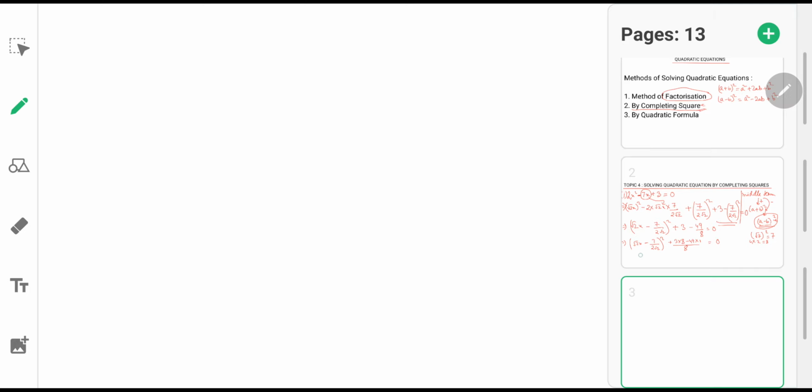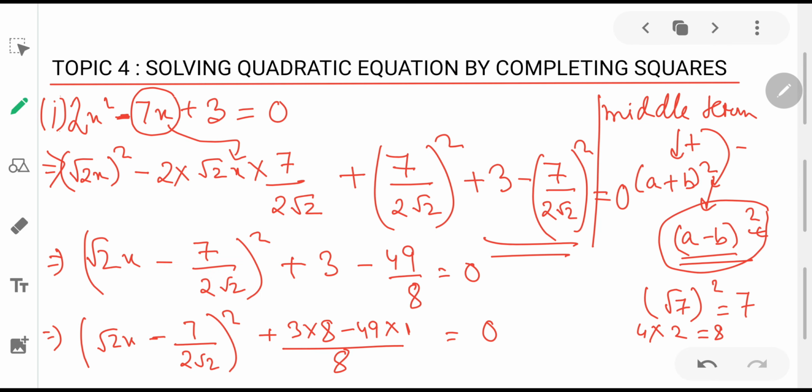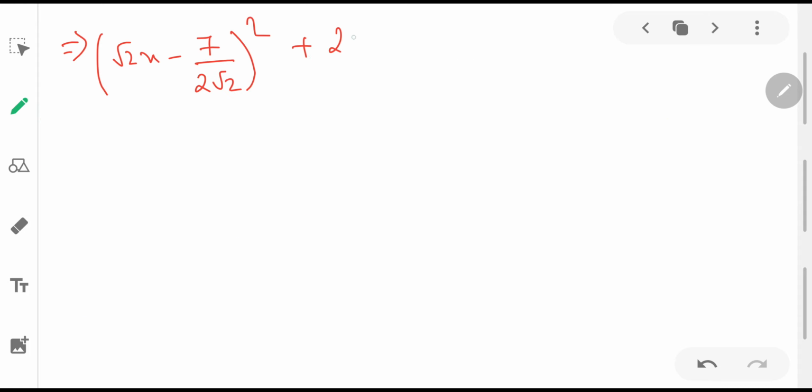So what we had in the previous line, root 2x minus 7 by 2 root 2 whole square, and here we will get plus 8 3s are 24, plus 24 minus 49 by 8 equals to 0.